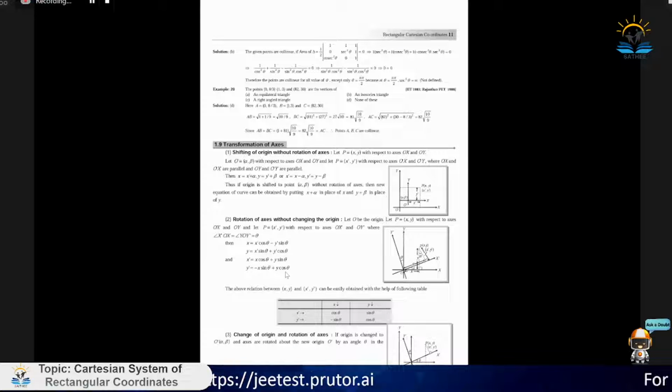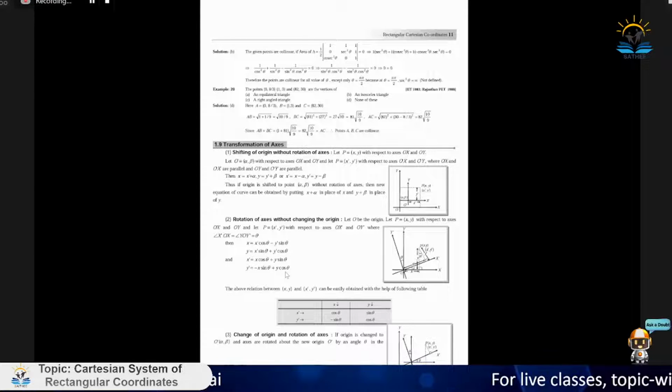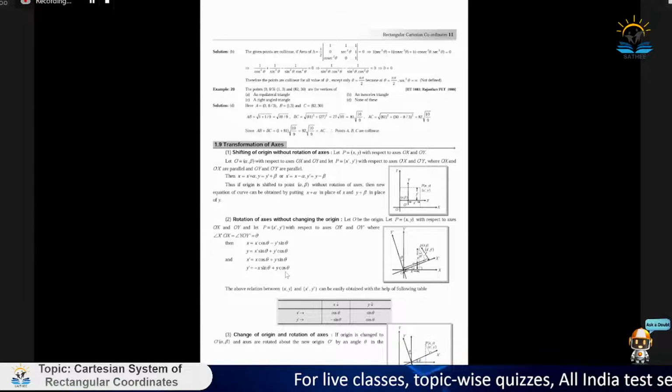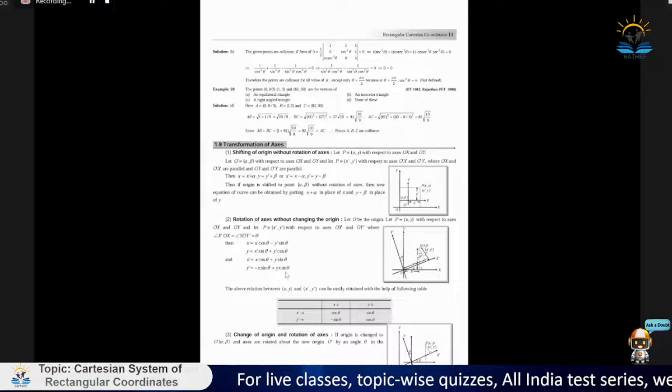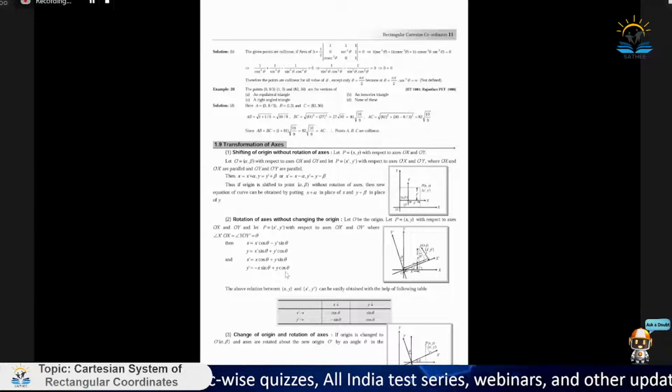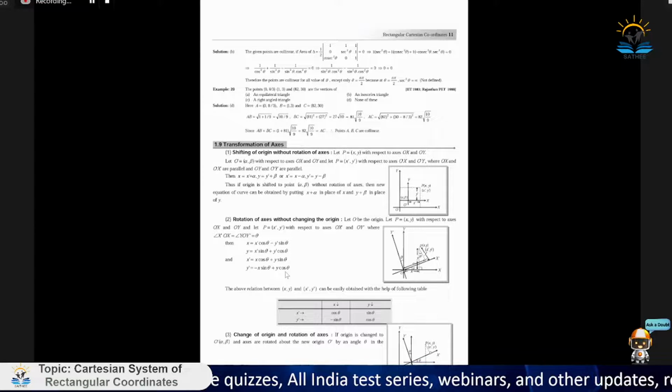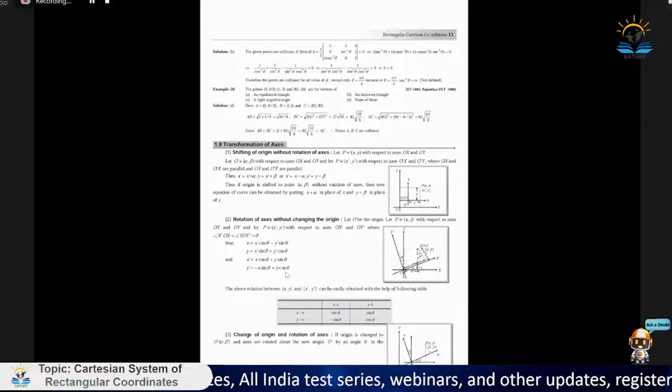So for the next question, you have been given 3 vertices and you are asked to find the triangle formed by those 3 vertices. As I said before, whenever you're given 3 vertices, and you want to know which type of triangle it is, you have to first find the distances between these 3 points. So here you'll find AB, BC, AC, and you'll get 81 root 10 by 9, 82 root 10 by 9 and root 10 by 9.